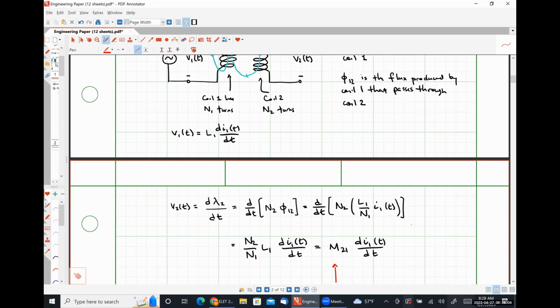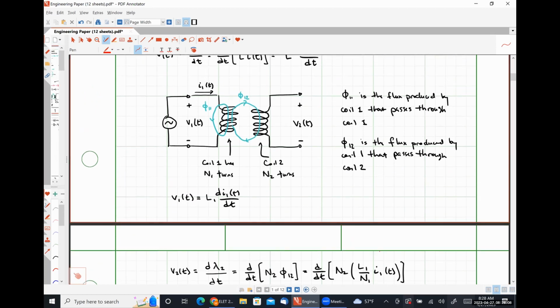Okay. So what do you guys think would happen if I moved my source from being connected to coil 1 to being connected to coil 2? Yeah, it's effectively the exact same thing, right?